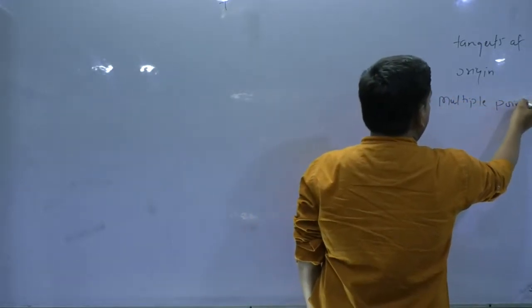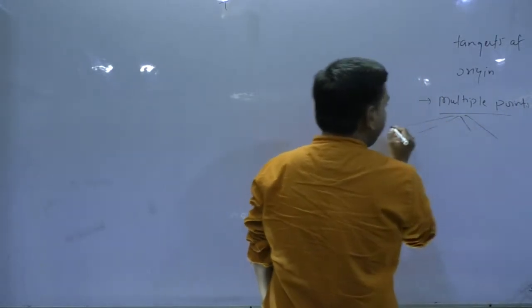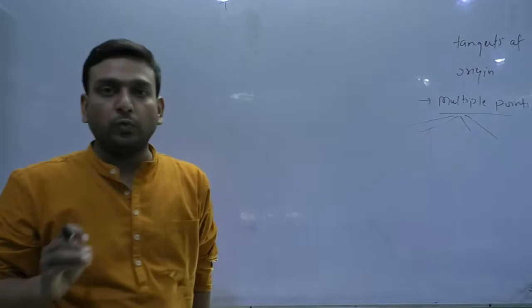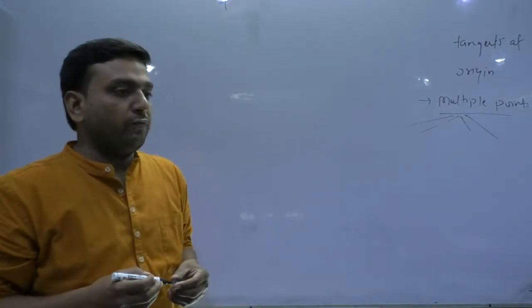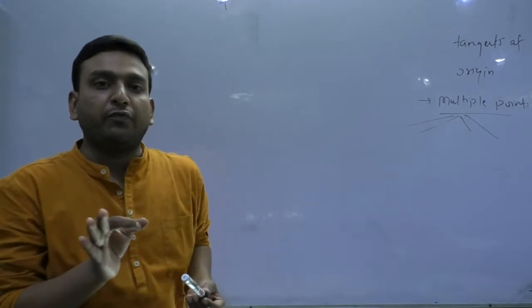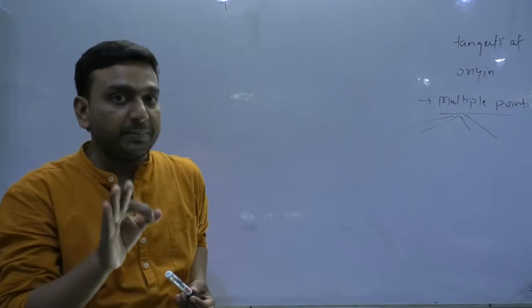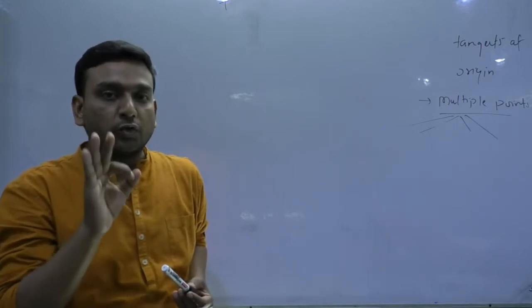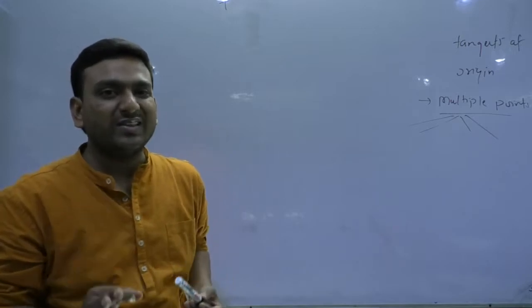In the case of multiple points, you come to know branch points actually: a point from where different branches of a curve originate. I am repeating, a point through which different branches of a curve originate.